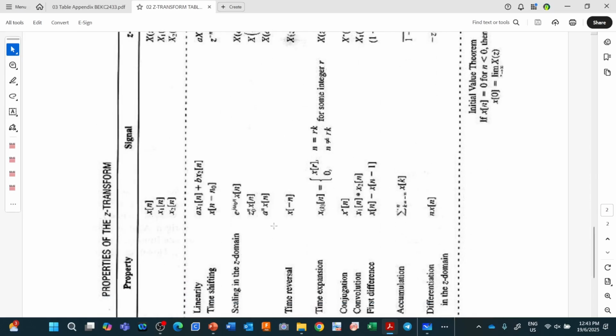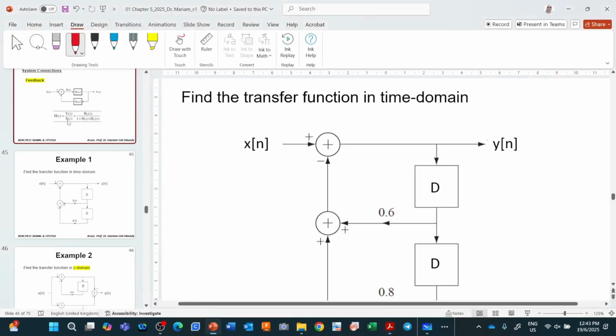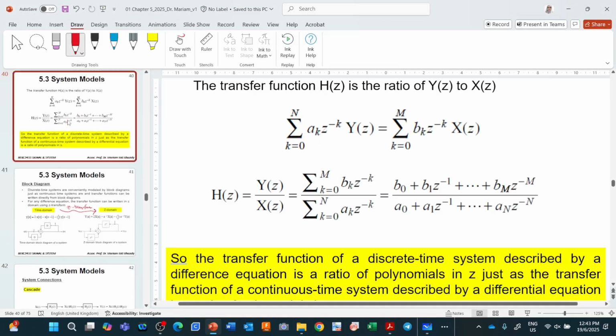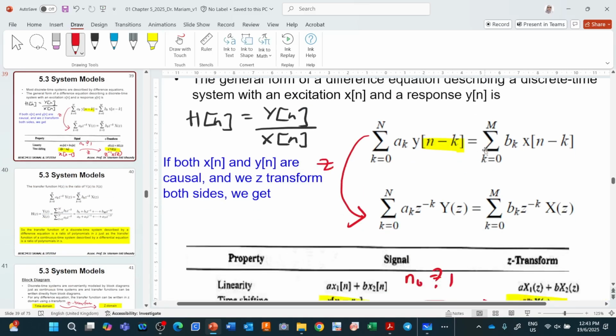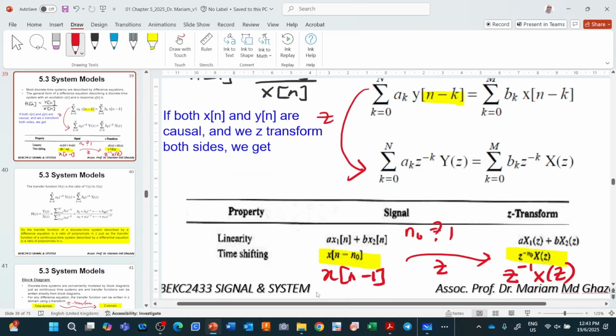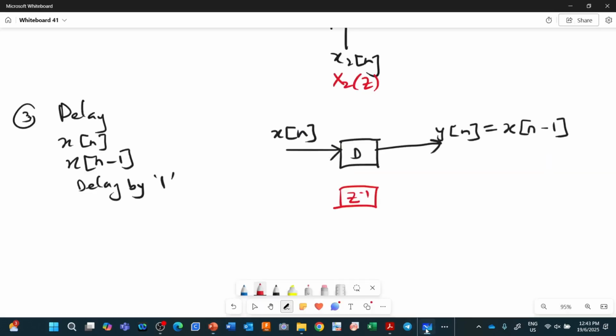Okay, this one, in my slide, this property is time shifting. Based on this property, when you have x[n minus 1], how do you write it? z to the power of minus 1. So the delay part, you write it as z inverse.